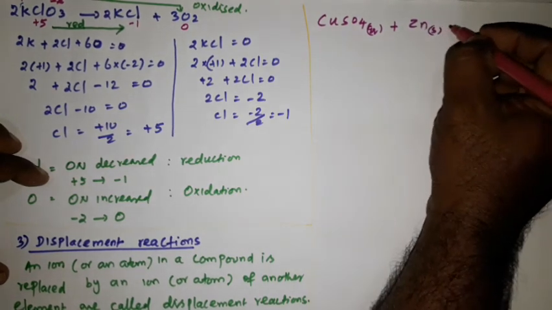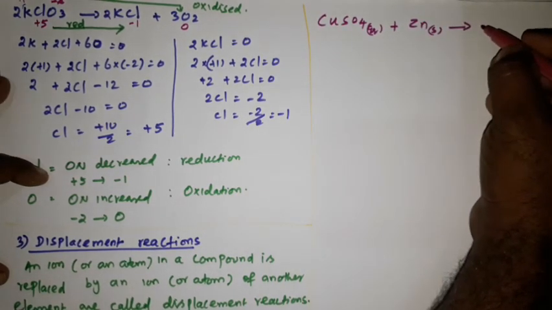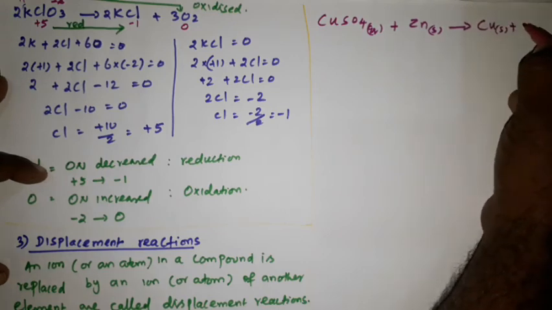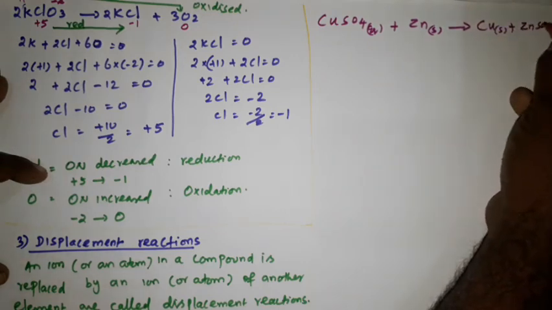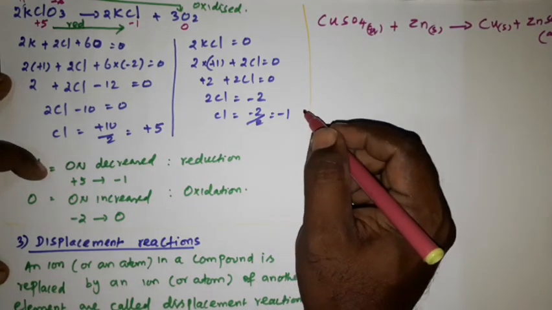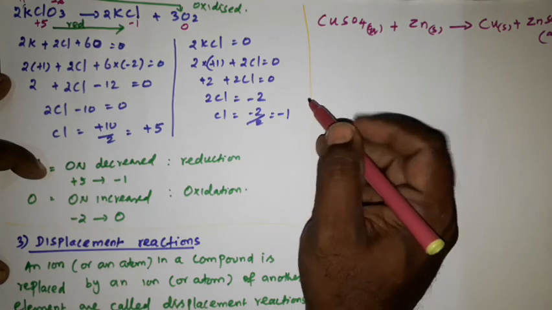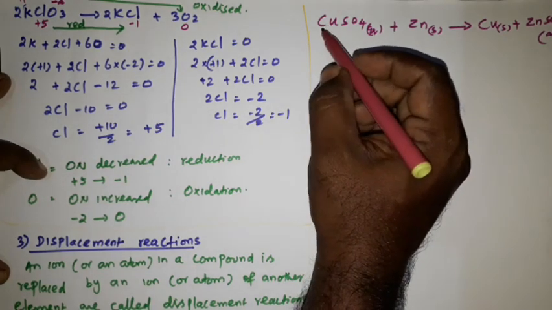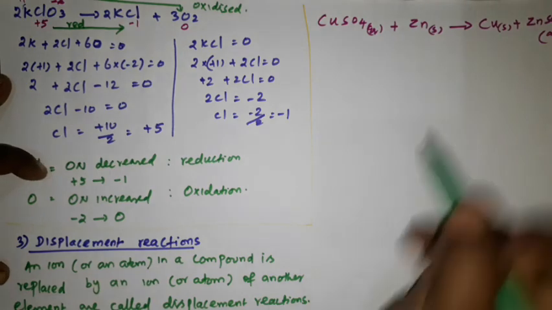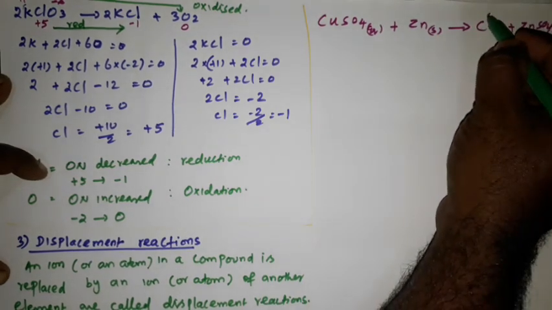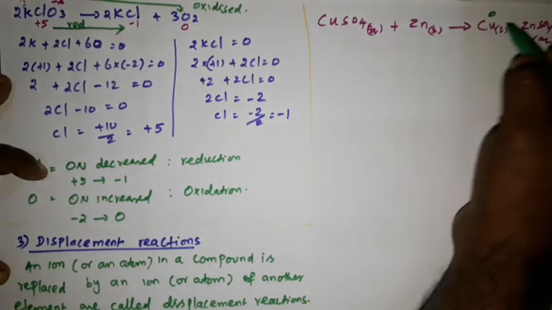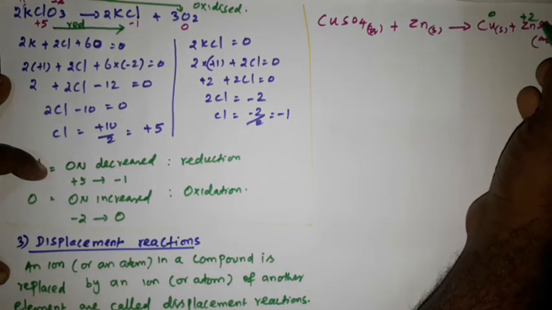After the reaction, copper will become solid plus zinc sulfate ZnSO4, which is aqueous. Now identify in this redox reaction which is oxidized and which is reduced. Here copper is 0, because it is a metal. Zinc will come plus 2, you can calculate.